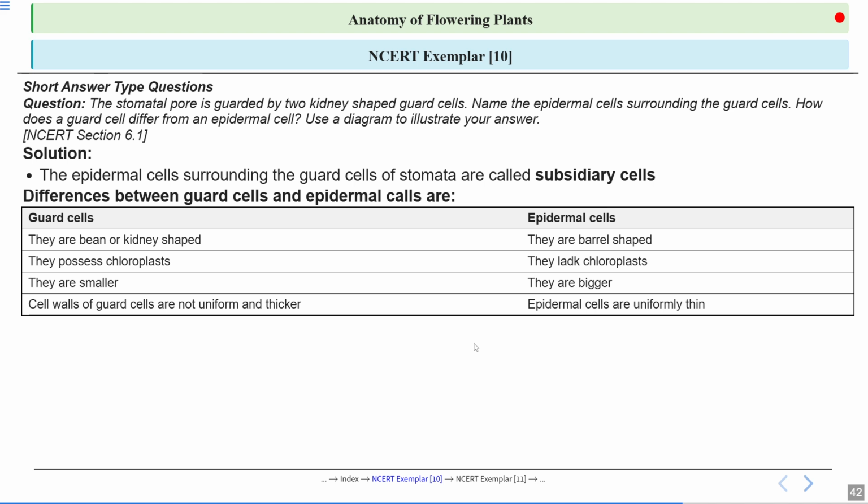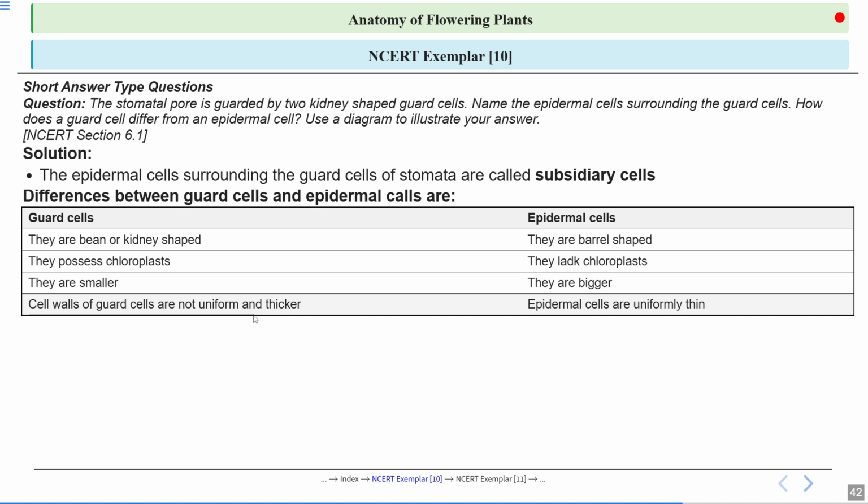If you see the size, the guard cells are smaller, but the epidermal cells are quite larger. The cell wall of the guard cells is not uniform and thicker. The outer wall of the guard cell is thin, whereas the inner side is thicker.